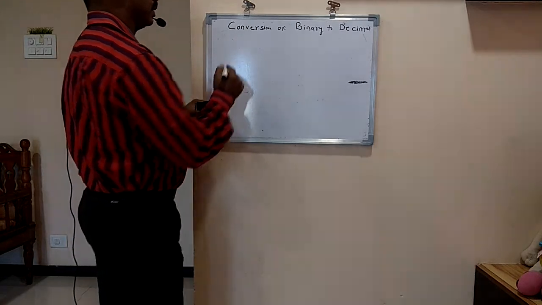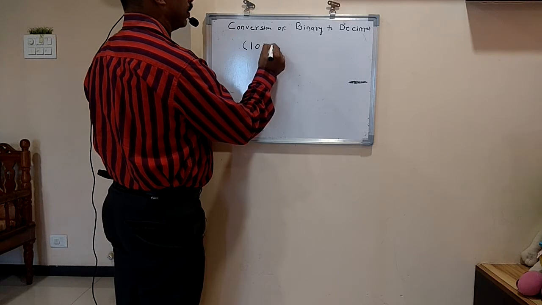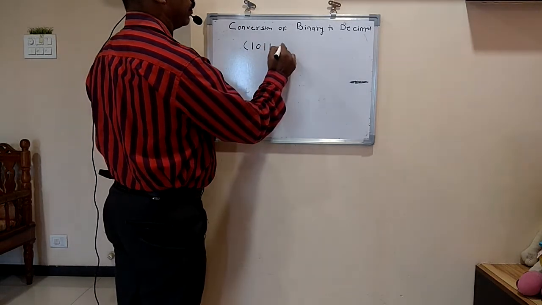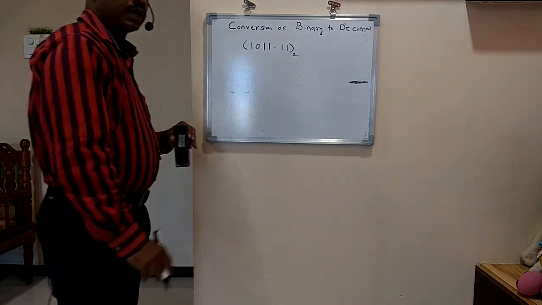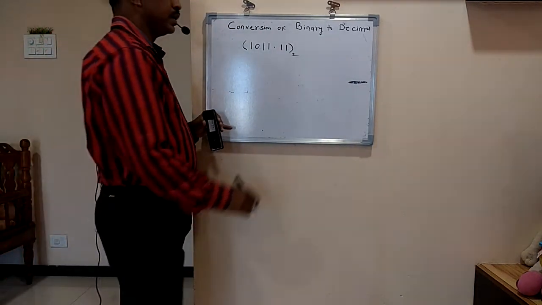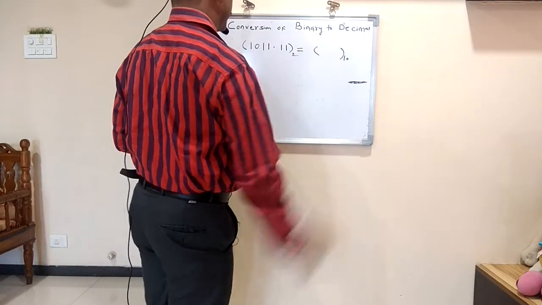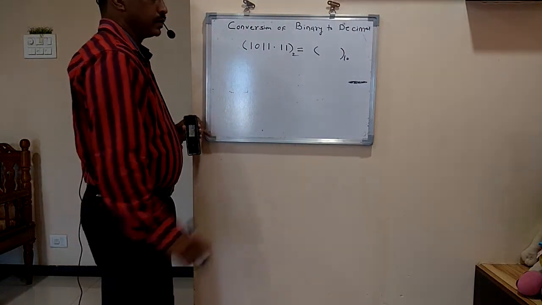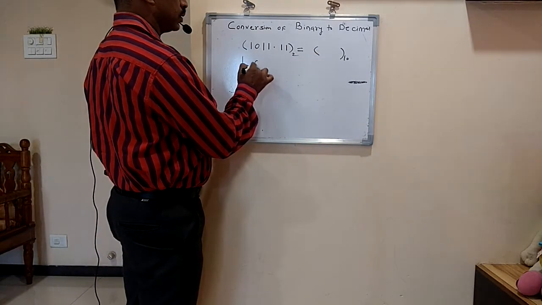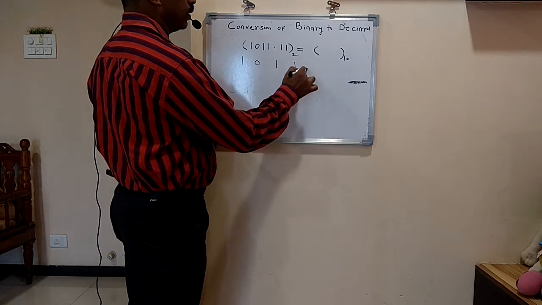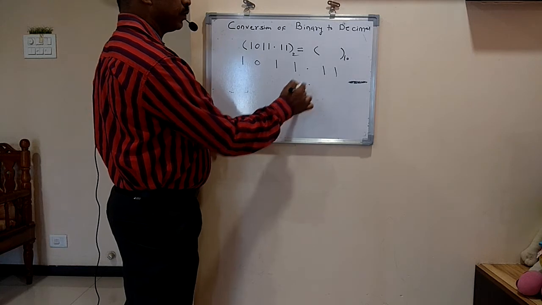Next example, here we write 1011.11. This is one binary number and we want to convert it into its decimal number. Again the steps are the same. First write down the binary number 1011.11. Give binary point.